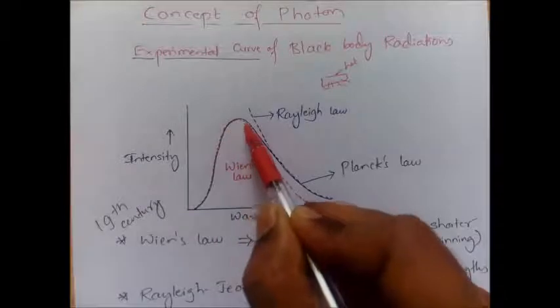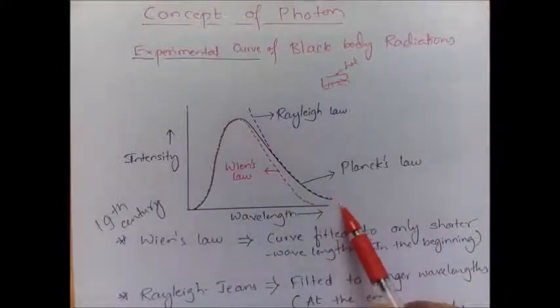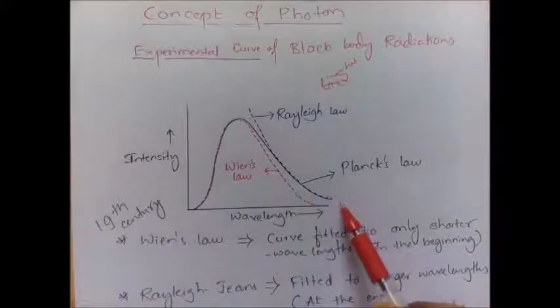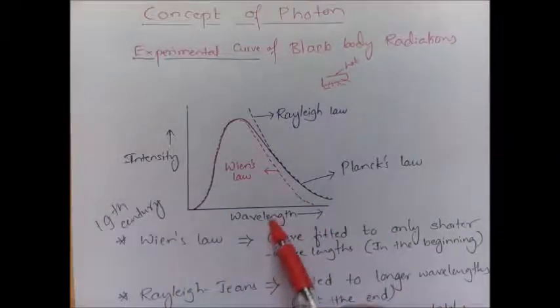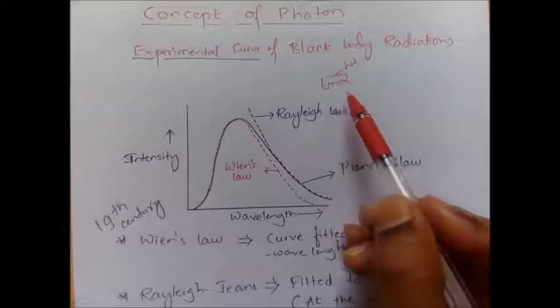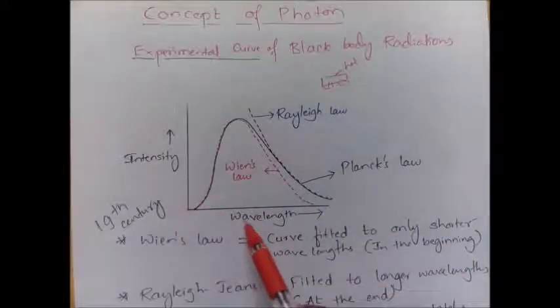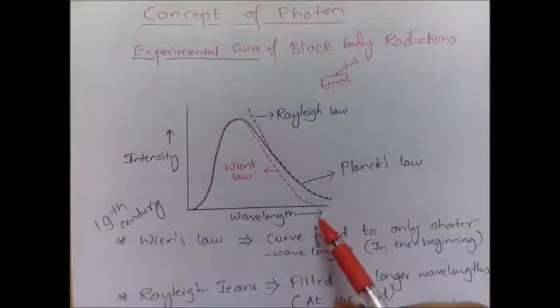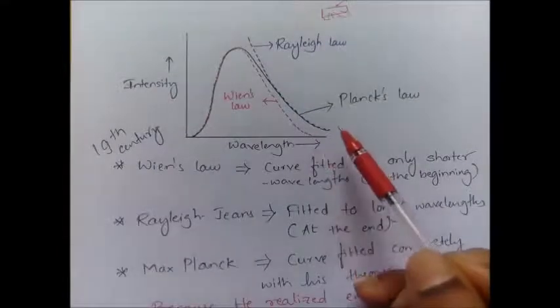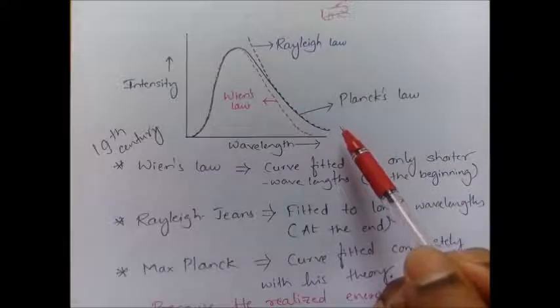This black curve is the experimental curve of intensity versus wavelength recorded from the black body. On this side it is intensity and on this side it is wavelength. There is always an experimental result and a theoretical background for it.